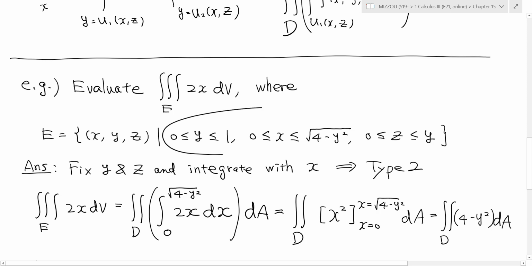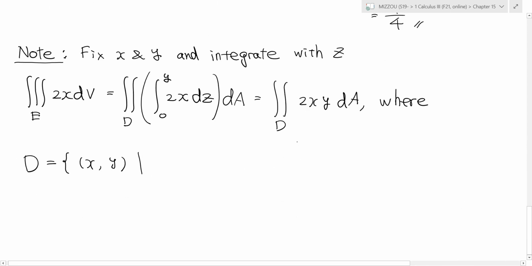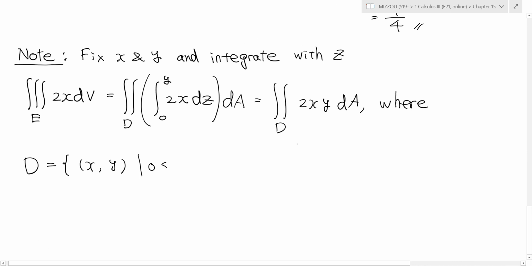So whatever you are left with is y from 0 to 1 and x from 0 to root 4 minus y squared. So that's D. And what is this region D?